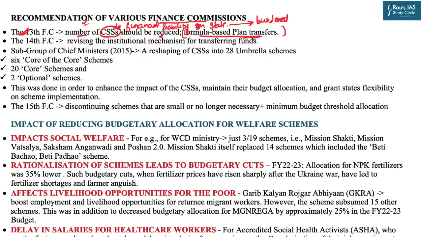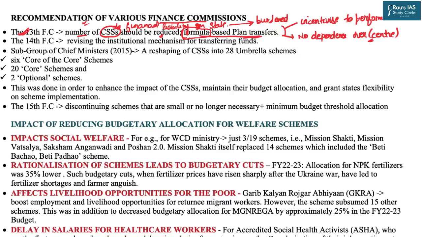This will solve two things. One, it will incentivize the states to perform, and second, the states will not be dependent on the center for their funds, because now the center will be under obligation to transfer certain funds periodically to the state governments on the basis of this very formula, which will obviously be in the public domain.